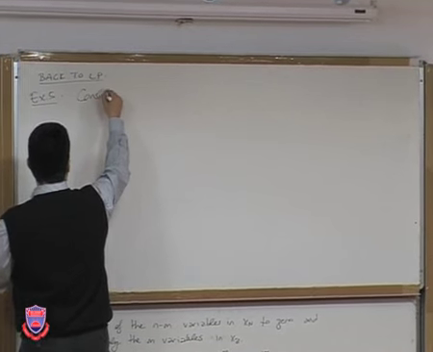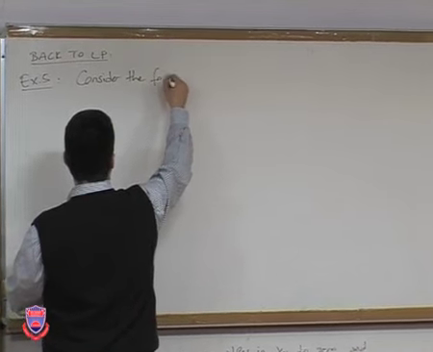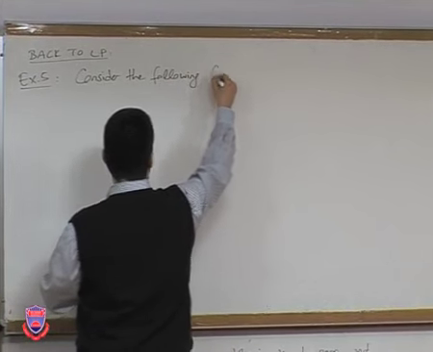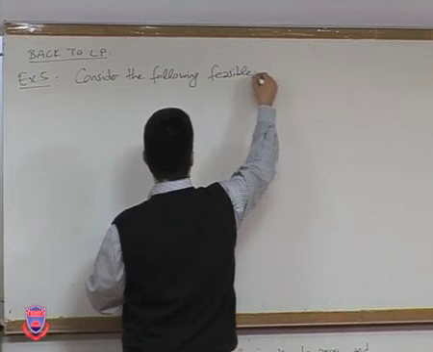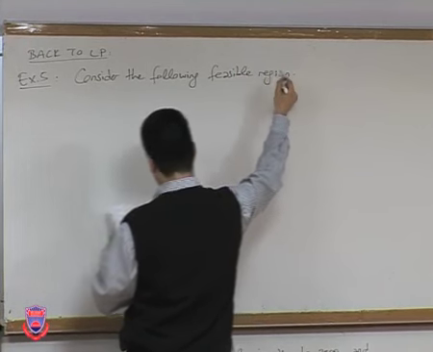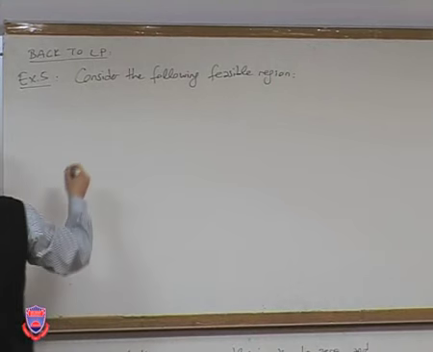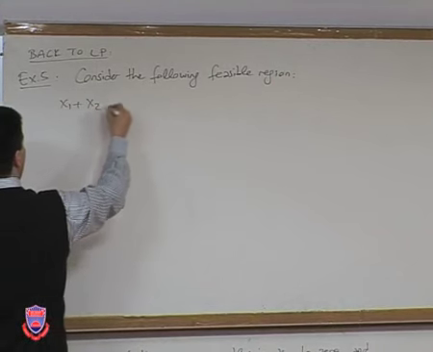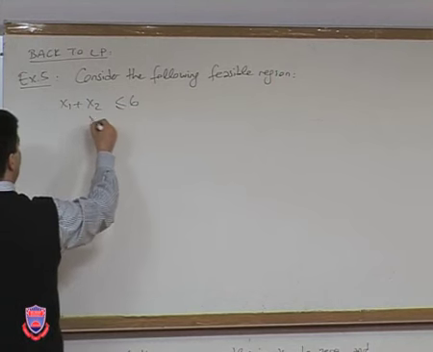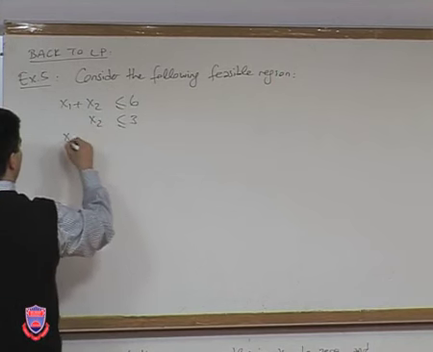Let's consider the following feasible region. Let's say x1 plus x2 is less than or equal to 6, x2 is less than or equal to 3, and x1 and x2 are non-negative.